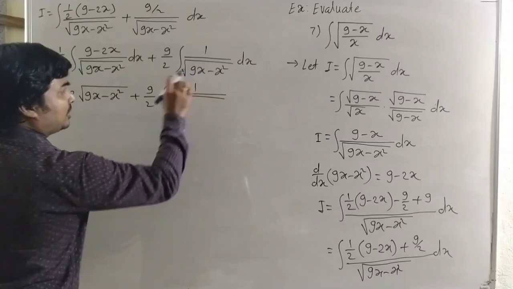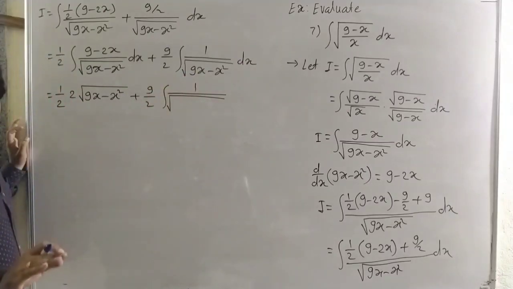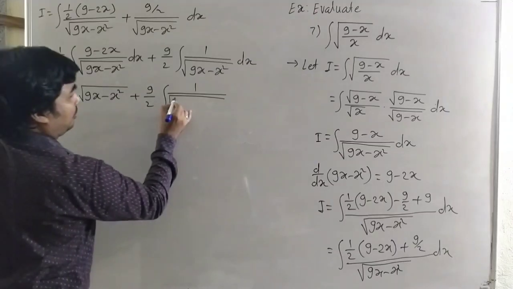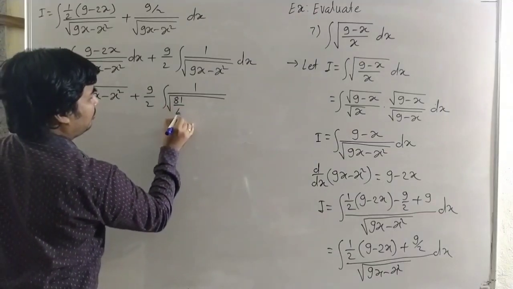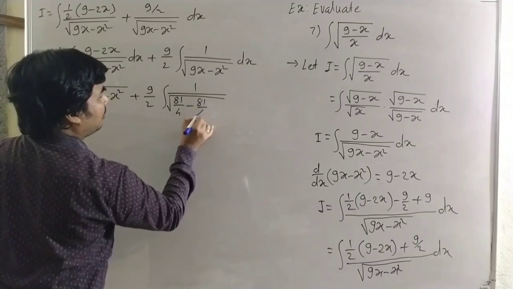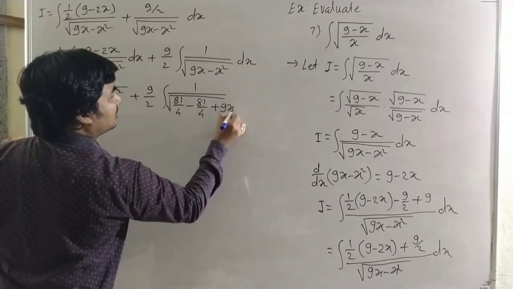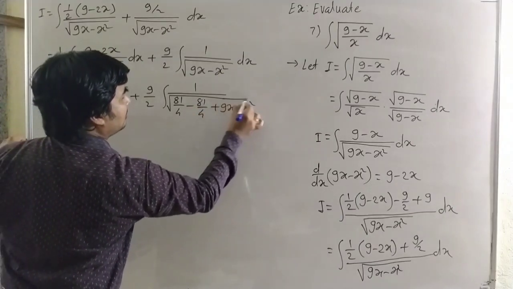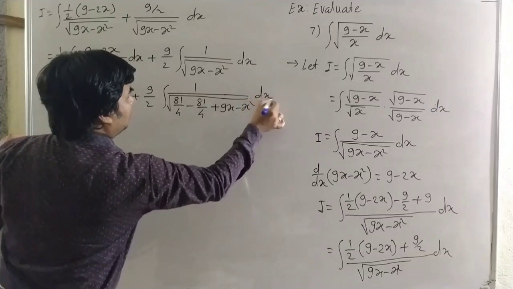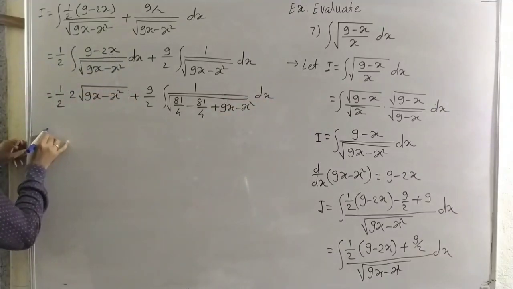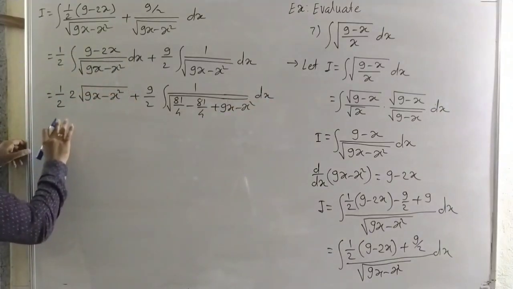Here the coefficient of x is 9, half of 9 is 9 by 2, and the square of 9 by 2 is 81 by 4. So plus 81 by 4 minus 81 by 4, plus 9x minus x square as it is, dx. Then it is 1 by 2, the 2 gets cancelled.